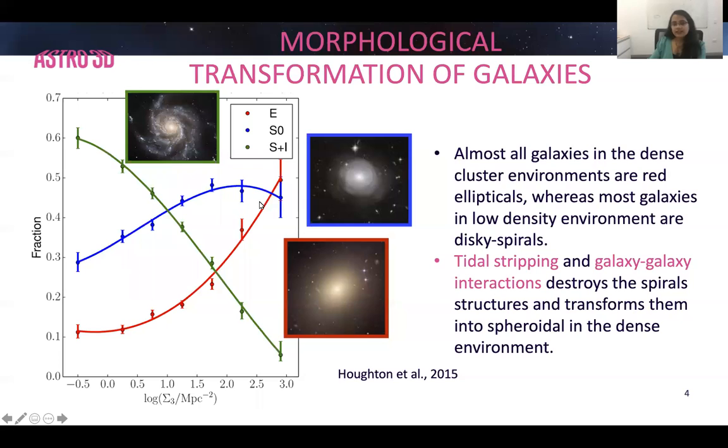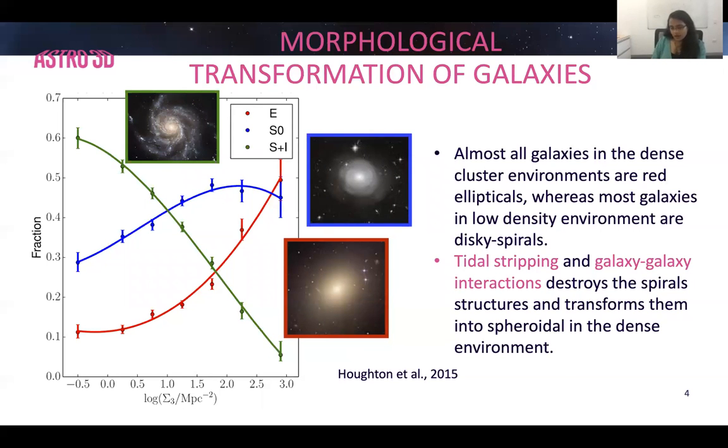Whereas in field environments or low density environments, most galaxies have this nice spiral pattern, or a disky stellar distribution. Basically, we think that in cluster environments, tidal interactions or galaxy-galaxy harassment distort and destroy the galactic disk and turn spiral and disky galaxies into spheroidals.